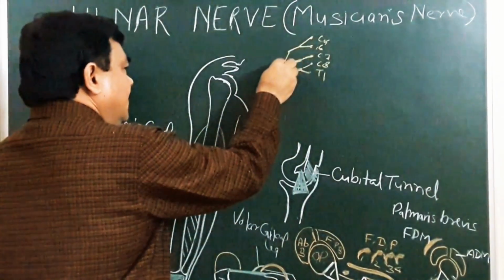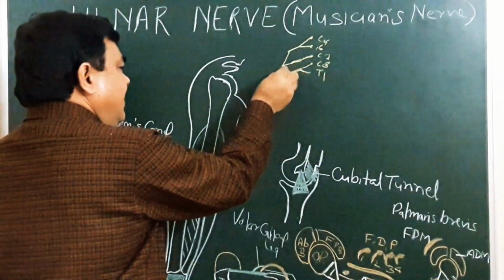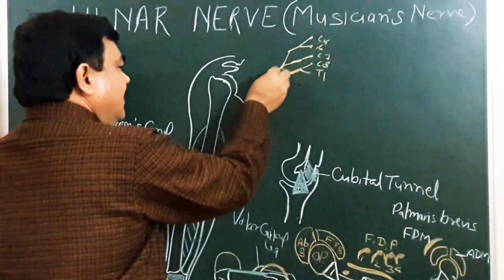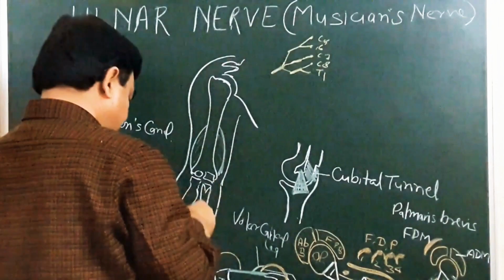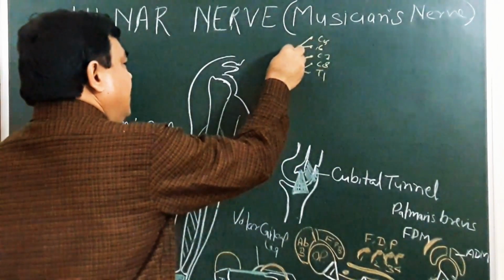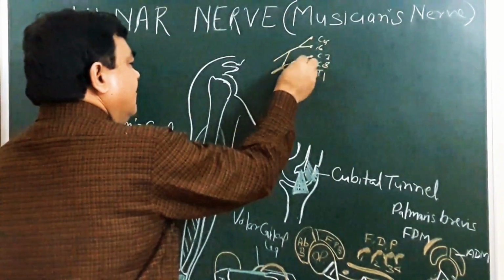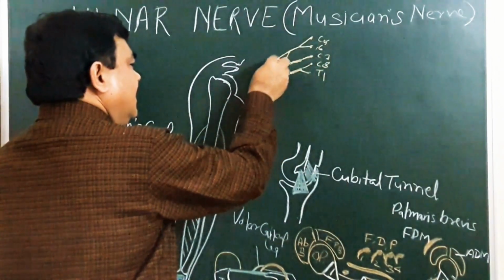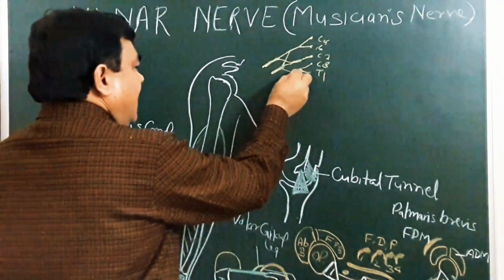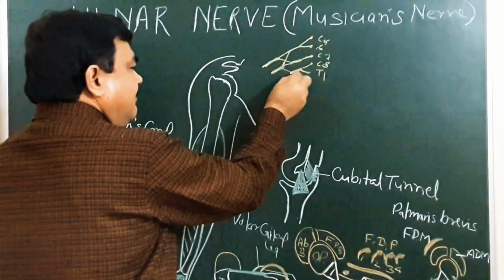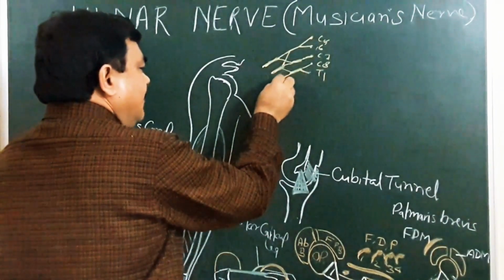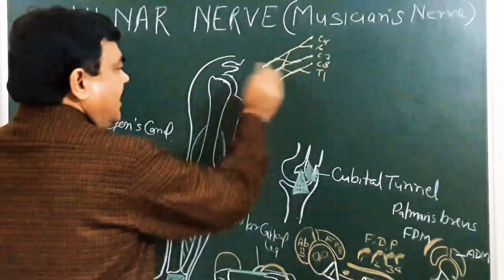Now all three trunks divide. The dorsal divisions form the posterior cord, and the ventral divisions of the upper and middle trunks form the lateral cord. The ventral division of the lower trunk forms the medial cord.